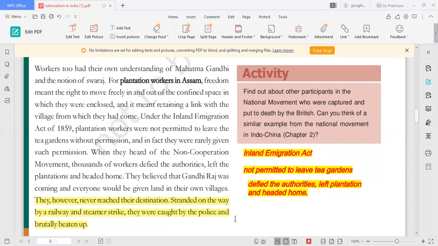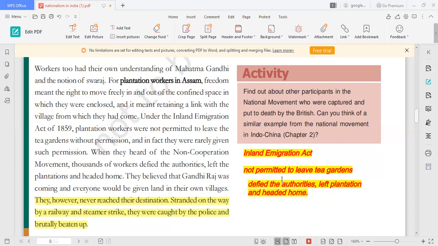So they also defied their authorities. Defied in the sense of denying, refusing to obey their authorities, the supervisors, the agents who had taken them to the plantation work and were monitoring these people.